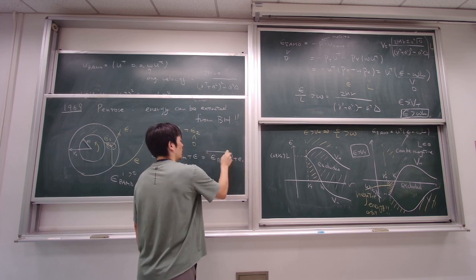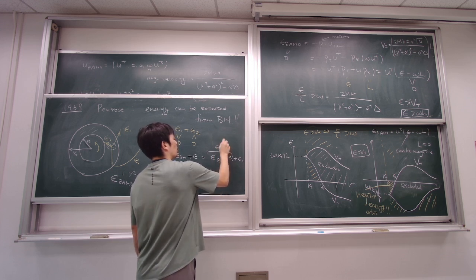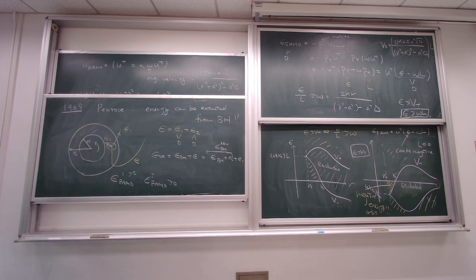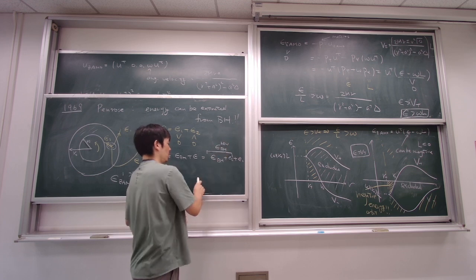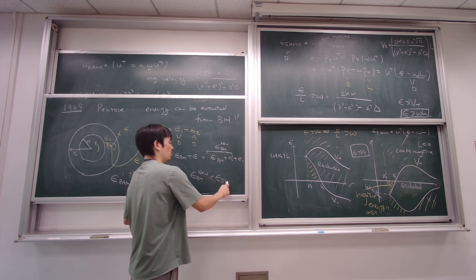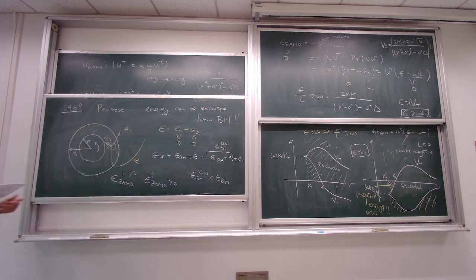This guy becomes E black hole prime eventually, because it is absorbed into the black hole. So in total, E black hole prime has to be less than E black hole. So this is the Penrose process.